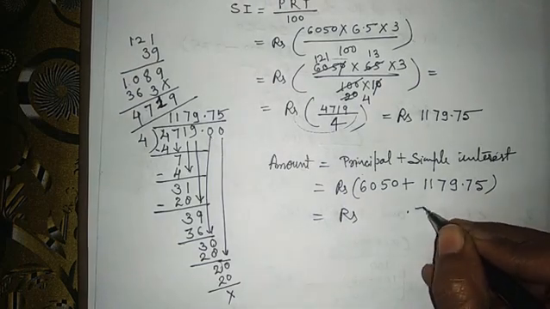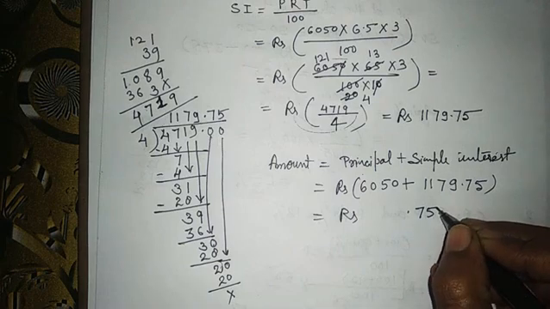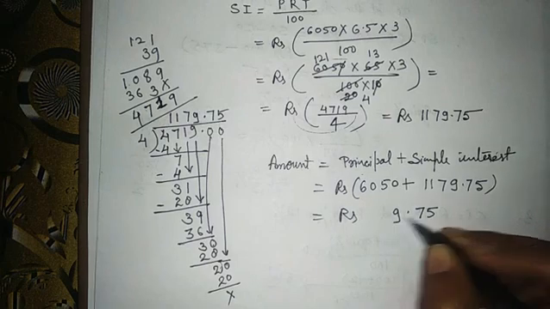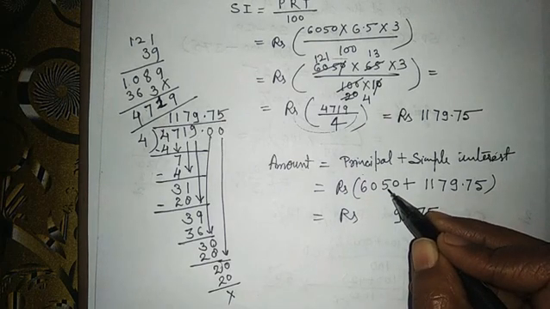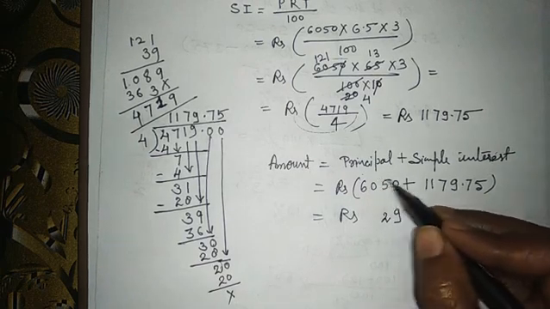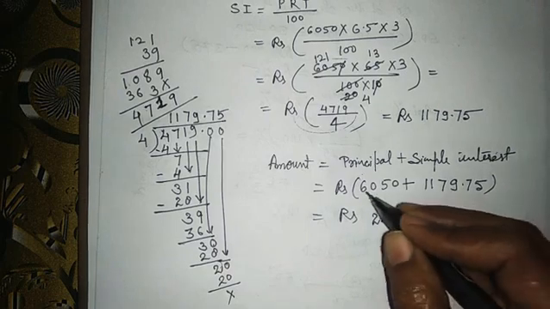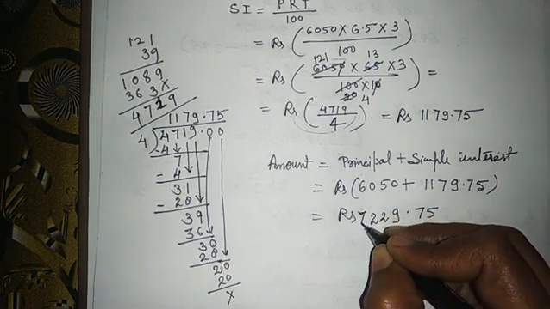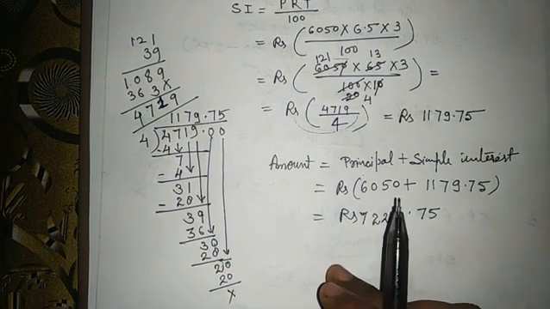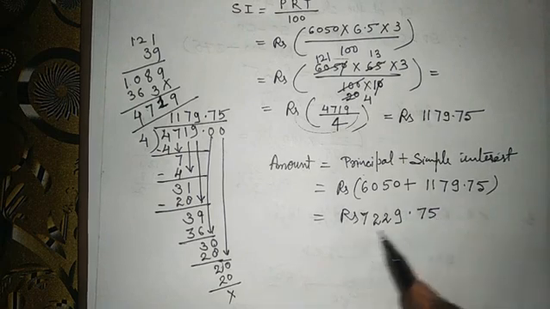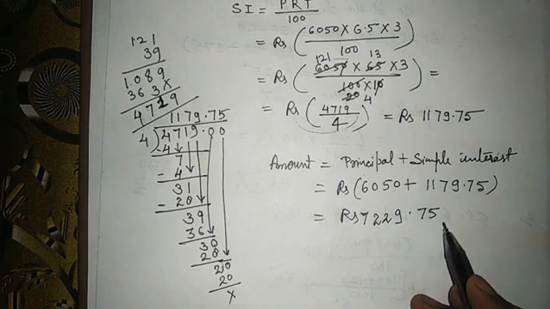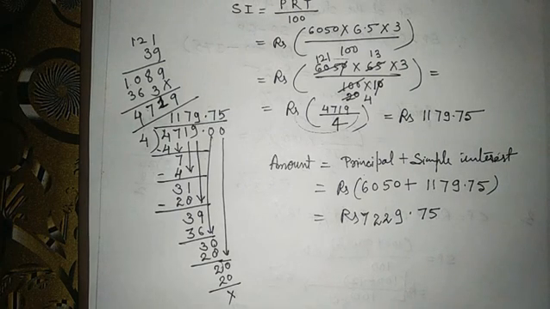Here 0.75 will come. Now 9 and 0, here we will get 9. 7 and 5, 12, 2 we will write, carry 1, and 1 and this 1 is 2, and 6 and 1 is 7. So the amount for this principal is rupees 7,229.75.